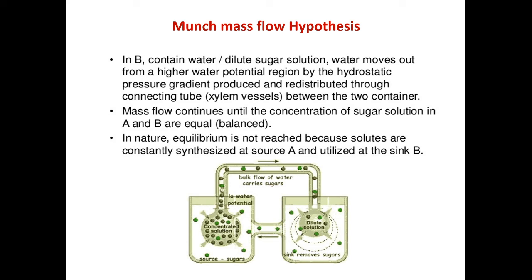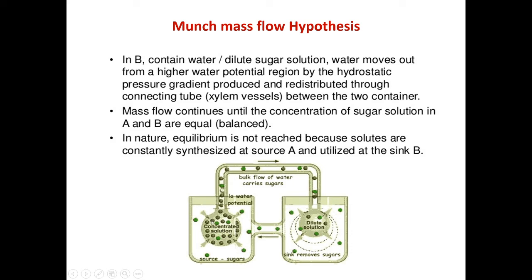This is a closed system, and as the walls of the osmometers are differentially permeable, only water will enter A and B. As here at the source the concentration is high. Why is the concentration high? Because due to photosynthesis the formation of glucose molecules takes place continuously.